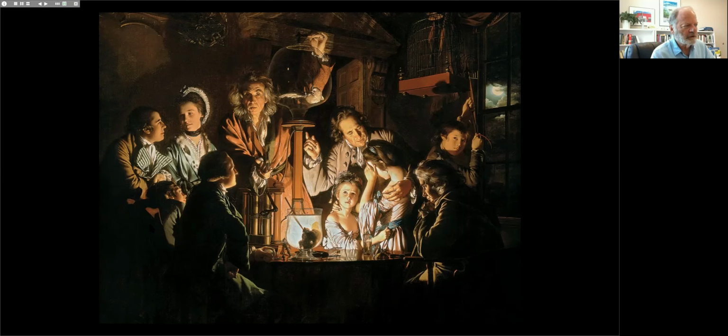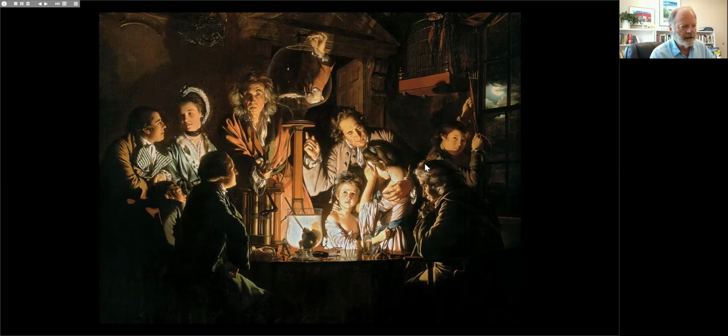The observers include the ages of humanity. So we've got children here, and notice that these girls, they expect the bird to expire, and they are upset by the prospect of that. They're grieving and being consoled by their father. And maybe he's saying that the air will be restored, the bird will be okay.